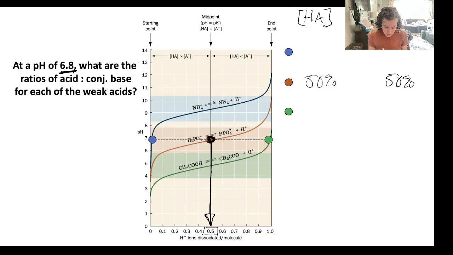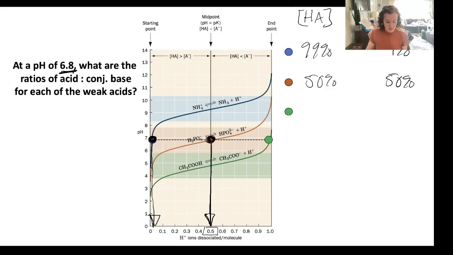And so the pH of 6.8 crosses that curve all the way over here. If we drop this down to the x-axis, we're at, I'm just going to estimate here, maybe 1%, 0.01 ions dissociated per molecule. So that means we're mostly in the acid form. So we'll call it 99% in the acid form, maybe 1% dissociated into the base form.